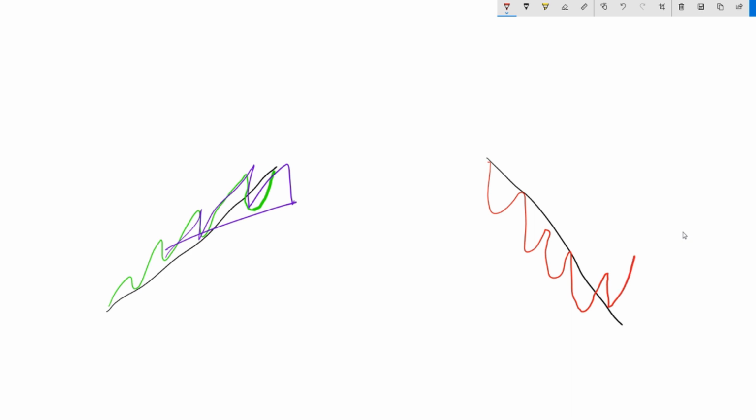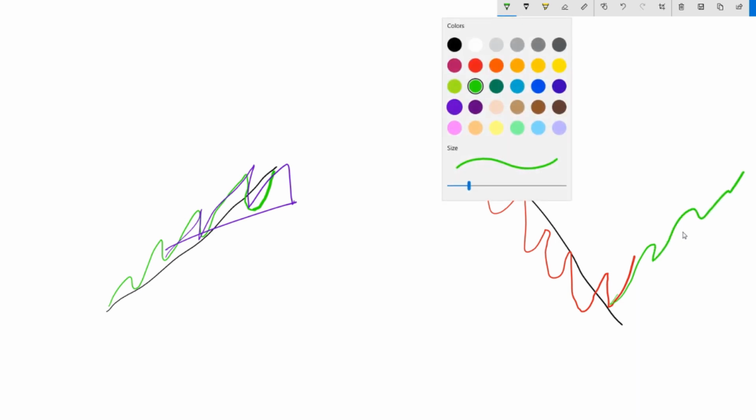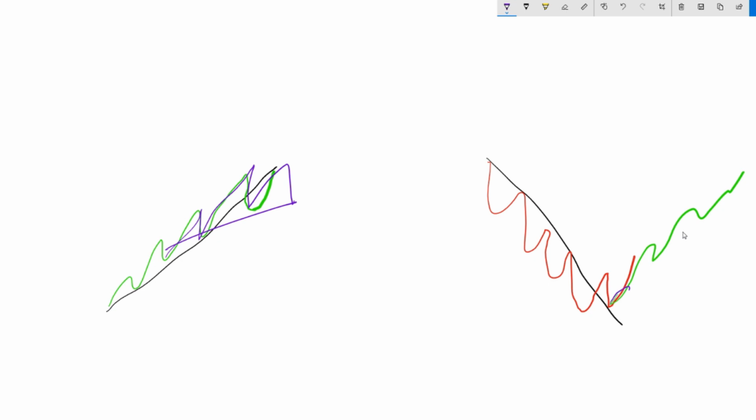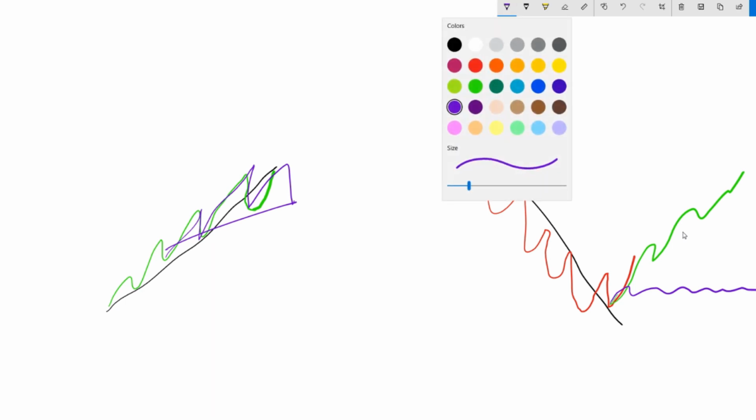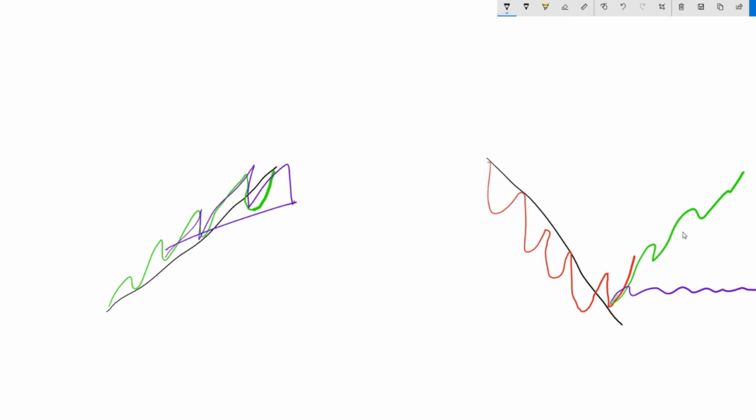Now it might be a reversal, so we might reverse and then go up, or we might simply consolidate, for example, in this situation. But the most important thing is, as soon as the trend line got violated over here, the trend is done.